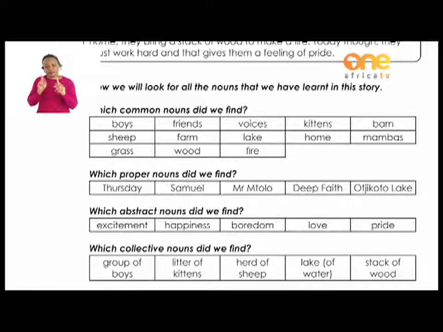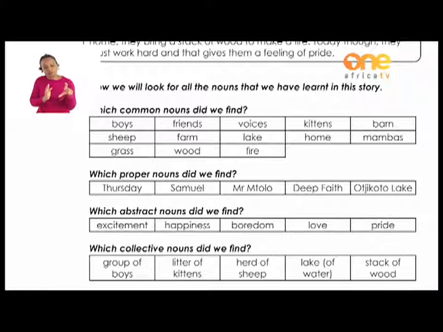Right? With the next one, it says, which proper nouns did we find? Thursday, Samuel, Mr. Muntolo, Deep Faith, or Chikoto Lake. You can see that the proper nouns are written with capital letters.